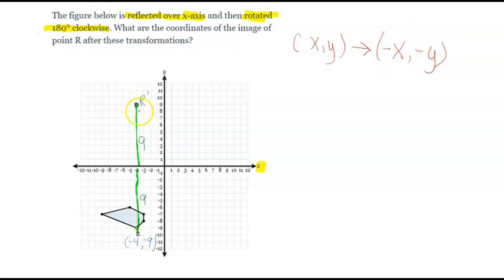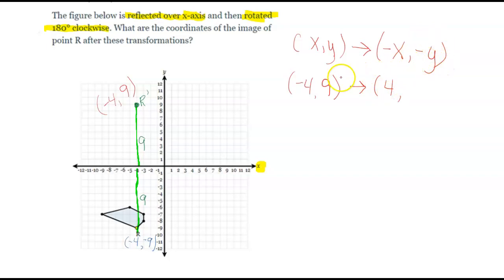Okay, so let's figure out what R's coordinates were. -4, +9. Okay, so if we started off with -4, +9 as our x, y, we need to transform that by 180 degrees clockwise. So the opposite of x is currently -4, so its opposite would be +4.